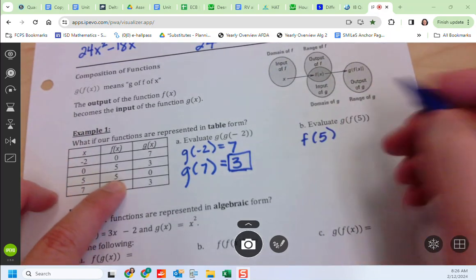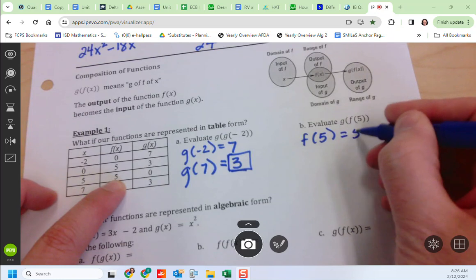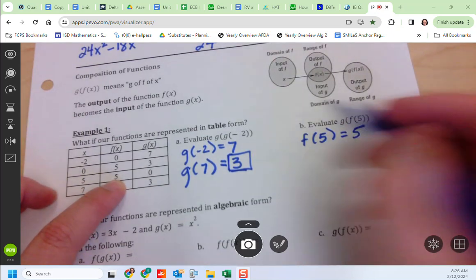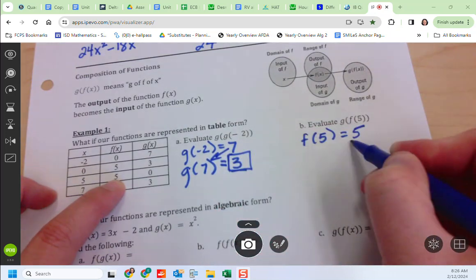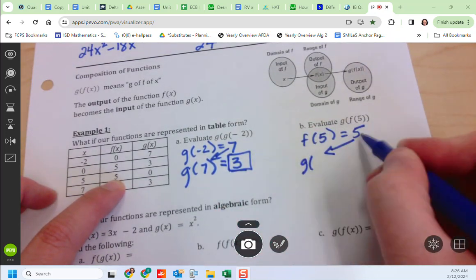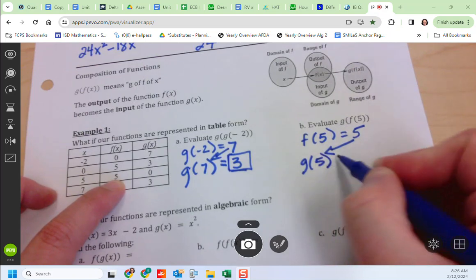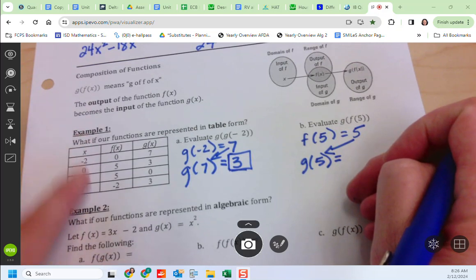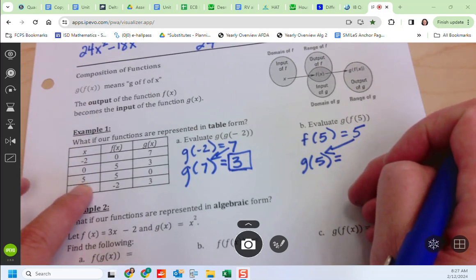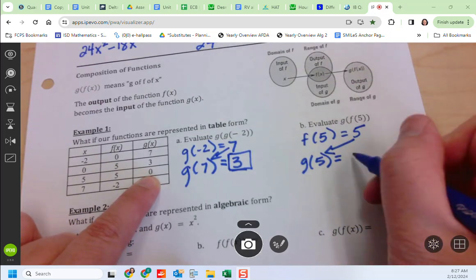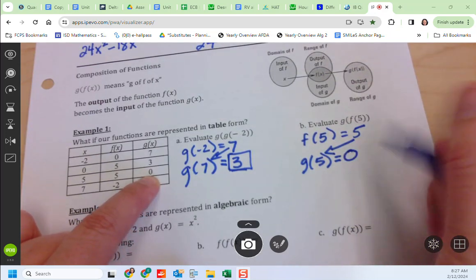And it's 5. Now that number becomes the input for the outside function. So now we're going to do g of this 5. So you go back to your x column. Here's 5, right? And function g is how much? Yeah. And that's your final answer.